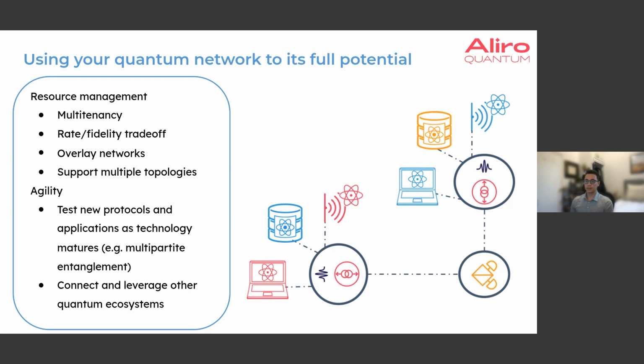Agility is really a key theme here. Also, potentially connecting to other quantum networks and other quantum ecosystems that may be geographically nearby, so you can leverage their quantum resources. You can have business engagement with them to connect to your networks and enable a bigger footprint for your quantum capabilities.